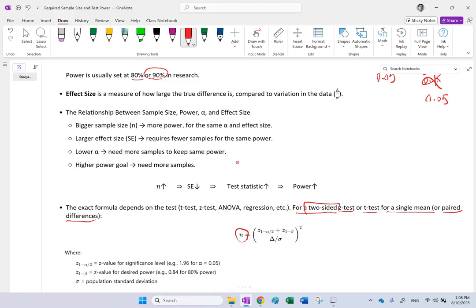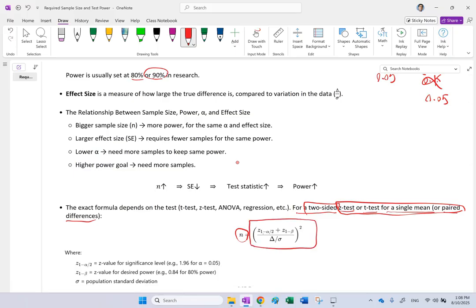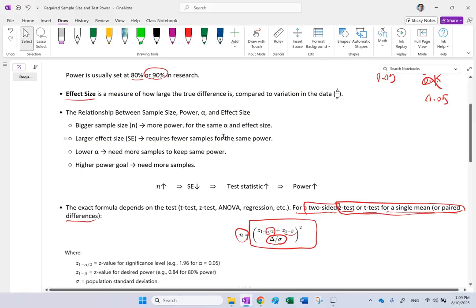So if you're doing a paired t-test, or a two-sided z-test or t-test, as long as it's two-sided and there is a single mean, whether z or t, the number of data you need comes from this formula. Z of 1 minus alpha over 2 plus Z of 1 minus beta, the sum of these two Z added together, divided by the effect size, and then square the whole thing and round it up to the next integer.